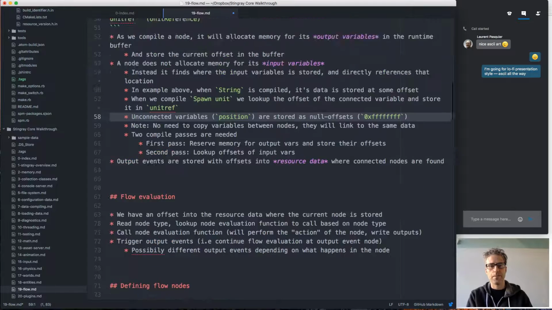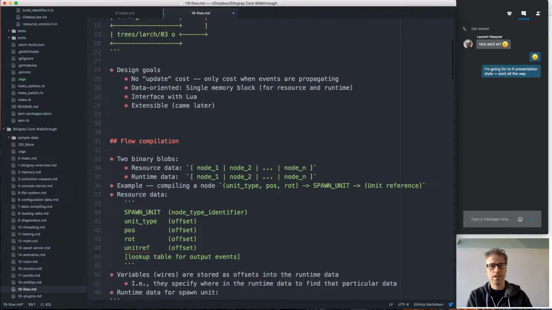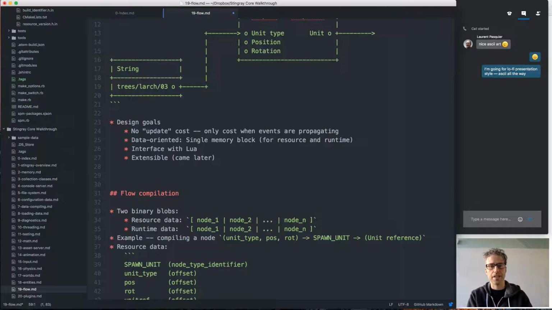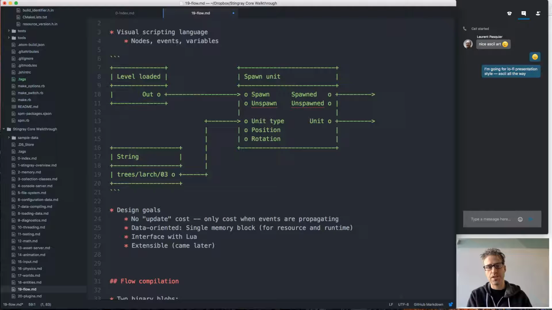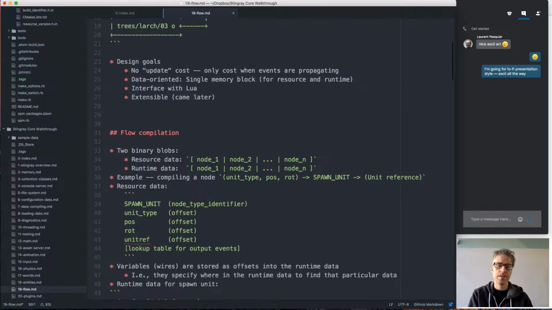For unconnected variables, like the position here, which isn't connected to anything, we just store a null reference, and we represent that by an offset that is just int max, 0xFFFFFF. That means we have a position that isn't connected to anything. So when the spawn unit runs, it sees that position isn't connected, and it will use a default value instead of getting the value from the runtime data.